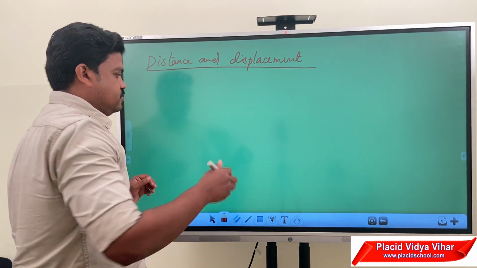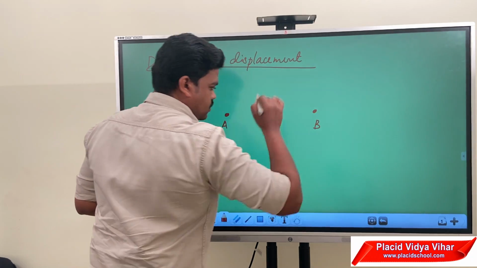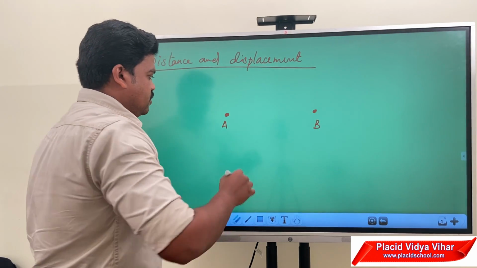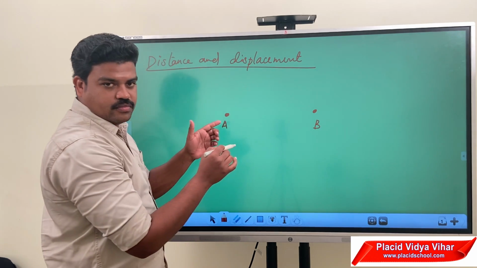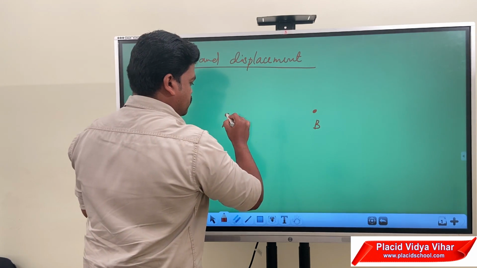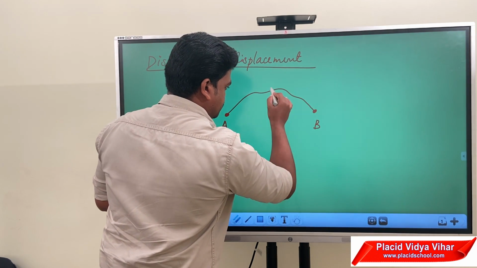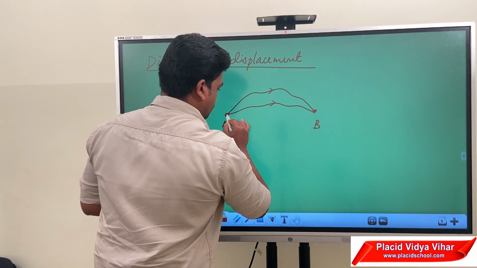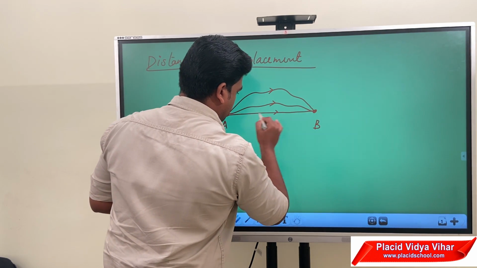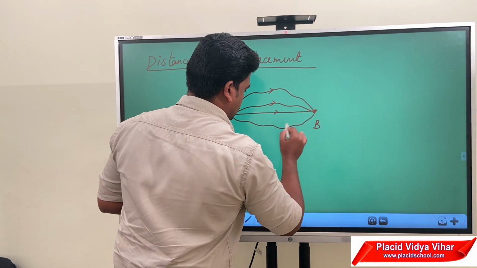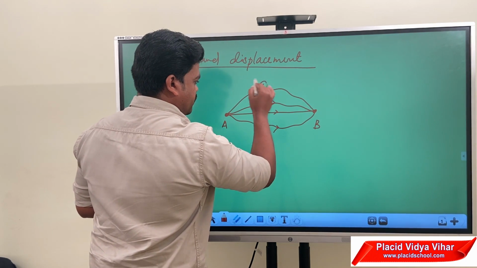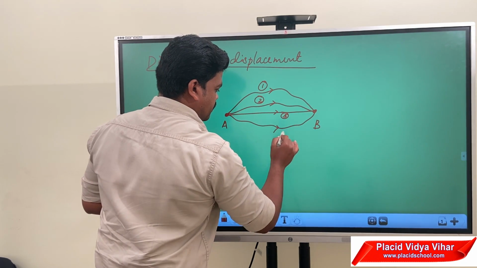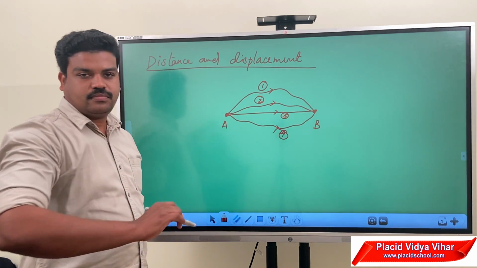For example, we have 2 points A and B. We start from the point A and go to B in 4 different paths, path 1, path 2, path 3 and path 4.